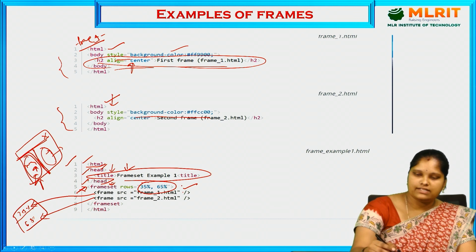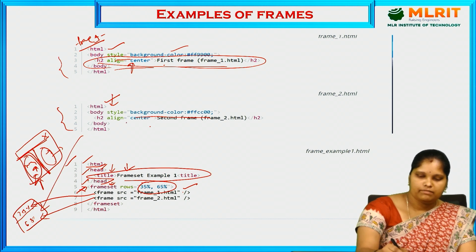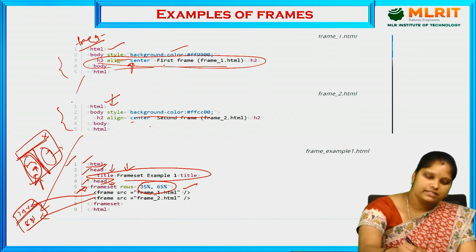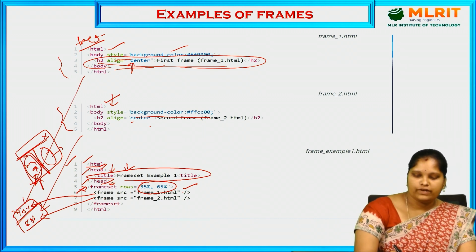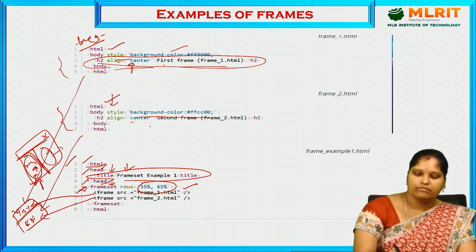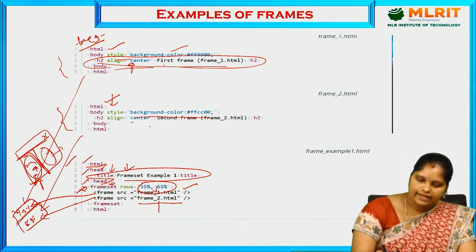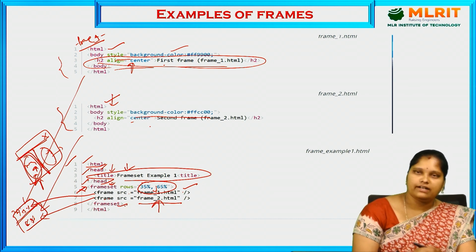One page is visible in 65% of the window, and the other page is visible in 35% of the window. So frame src equals frame1.html and frame src equals frame2.html. This is the HTML page address. Next, close the frameset tag and close html.